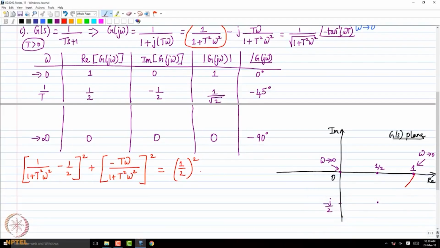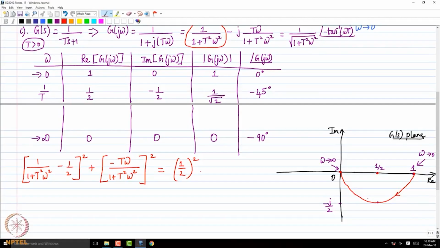So this starts like this. Of course I am drawing a freehand diagram, so please pardon me if it doesn't look like a semicircle. Essentially the Nyquist plot of this factor is a semicircle centered at 1 by 2, which starts at 1 comma 0 and ends at 0 comma 0.